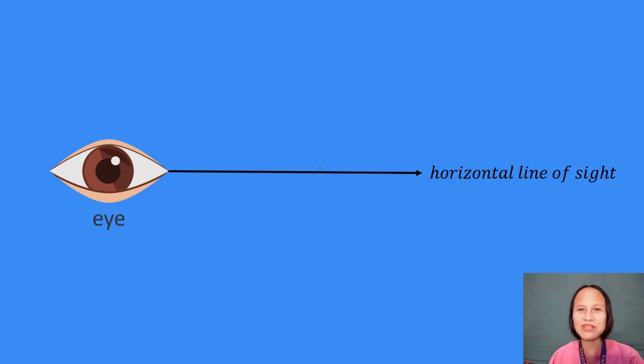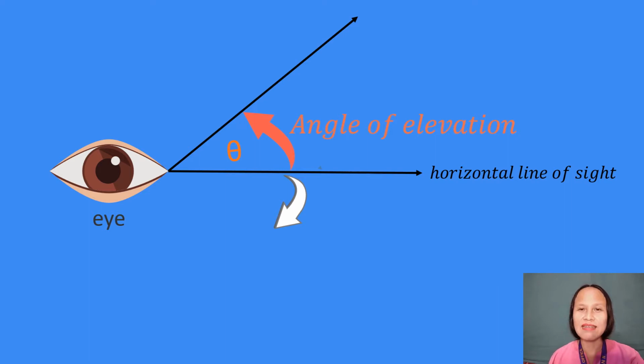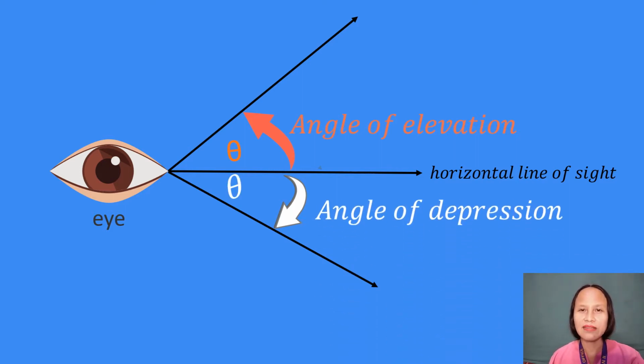From the horizontal line of sight of the observer to the object above, the angle formed is an angle of elevation. And from the horizontal line of sight of the observer to the object below, the angle formed is an angle of depression.